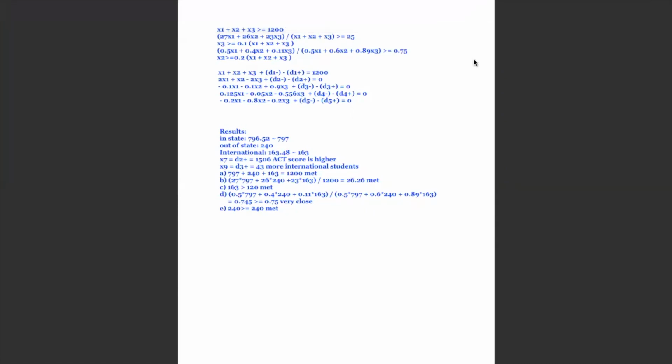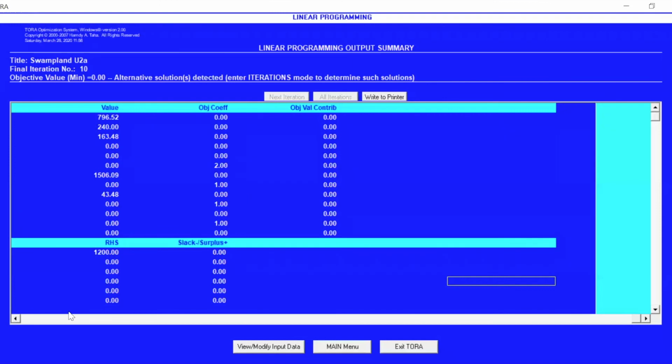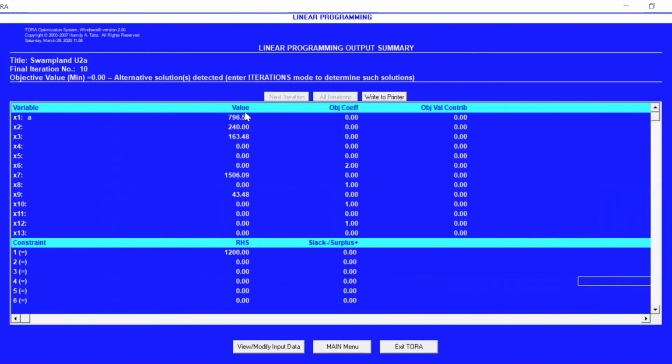So let's switch to Swampland University question 2, part A, where it says that the ACT score goal is twice as important as anything else, and before that the admission is already met.